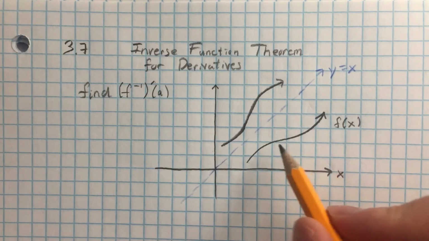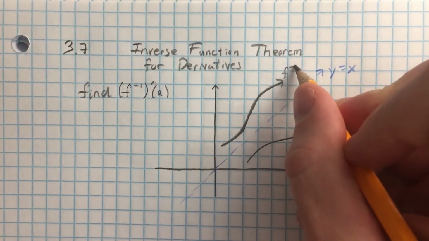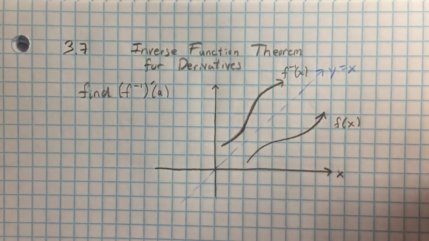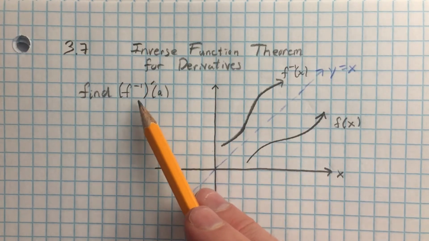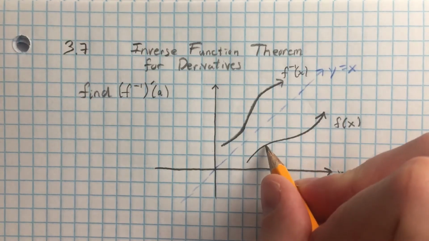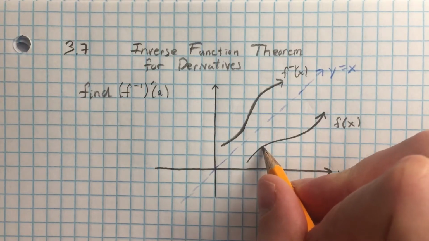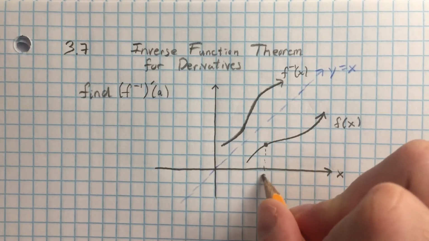So just like there's relationships that exist between a function and its inverse, there are also relationships between the derivatives of the inverse and an original. So let's pick a location here. We'll call this a right here.